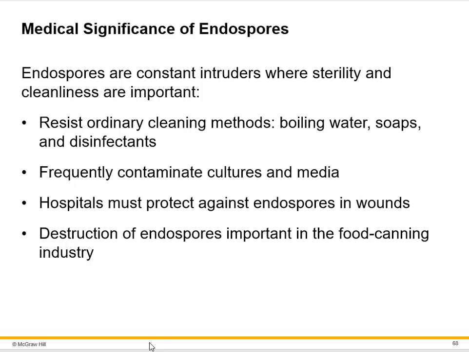Boiling water, soaps, and disinfectants are all disinfection. So in hospitals and the food canning industry, we want to keep out the endospores, because just boiling is not going to kill the endospores.